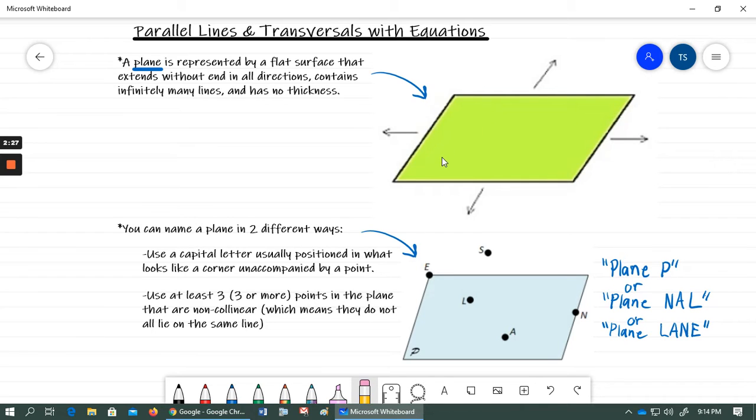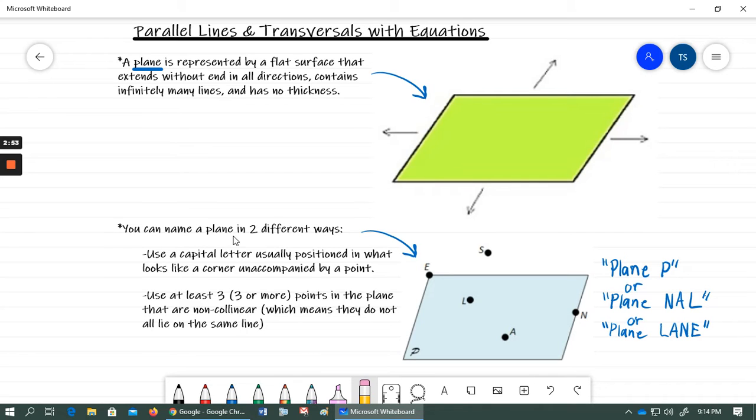So a plane contains infinitely many lines, has no thickness, and is a flat surface that extends without end in all directions. You will hear the word plane when we're talking about parallel lines, so I want to make sure you know what it is.